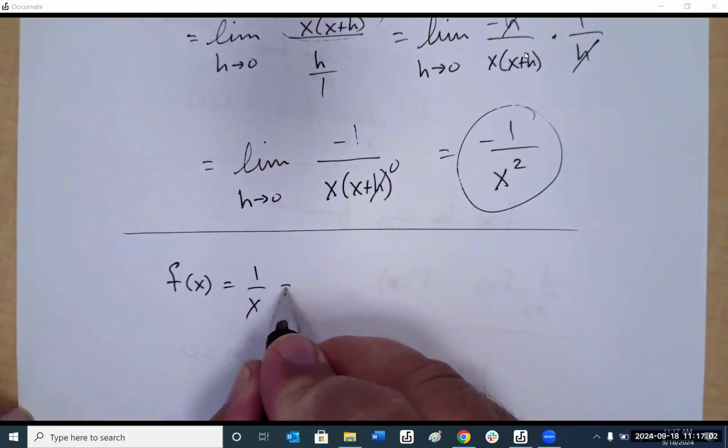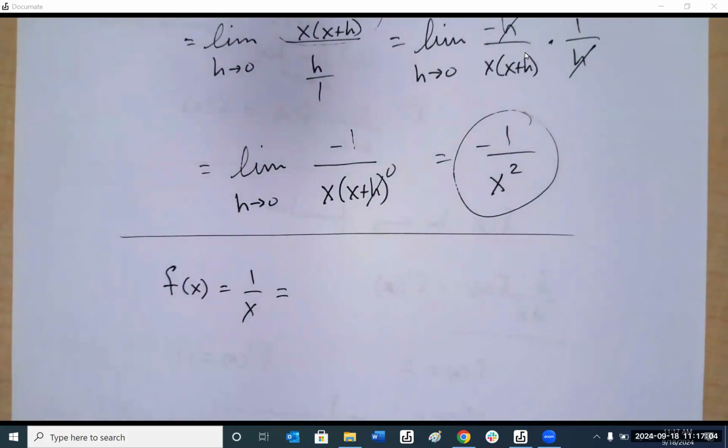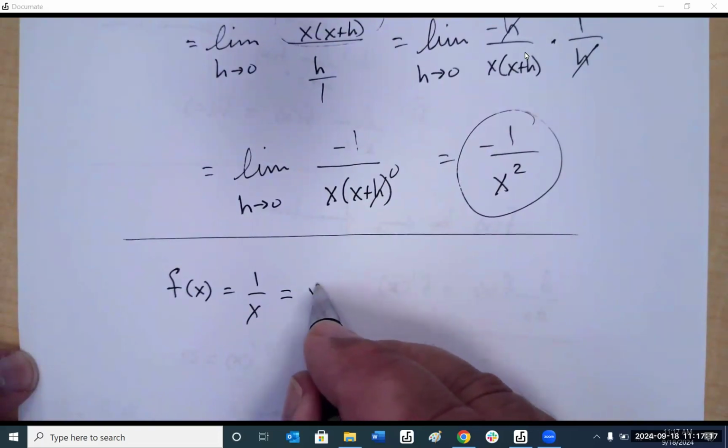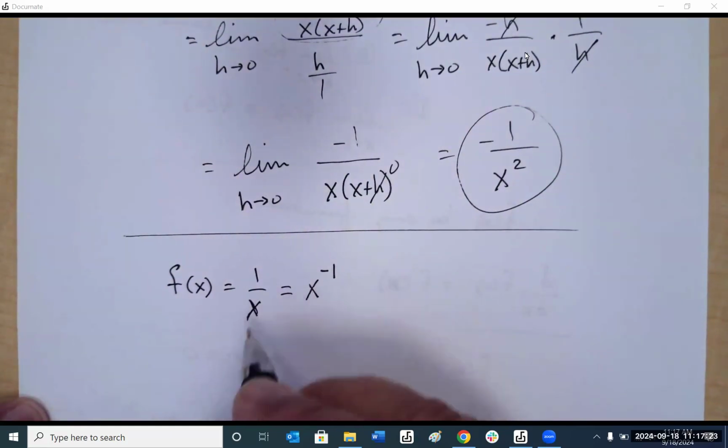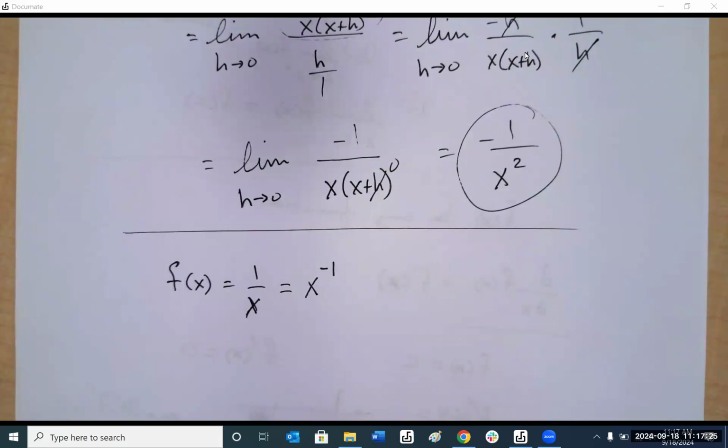How can we rewrite this function? So x is now on the bottom. Remember, whenever you change the location of something across the dividing line, you change the sign of its exponent.